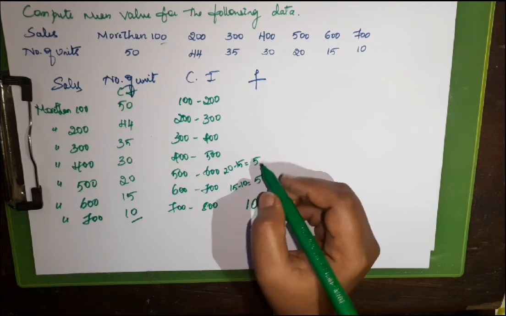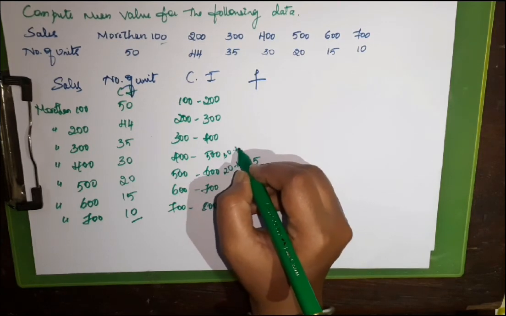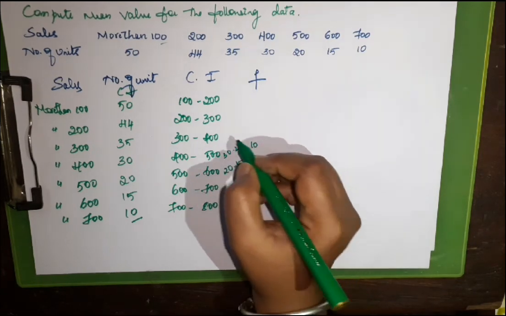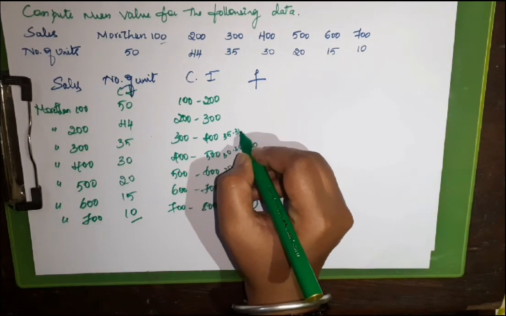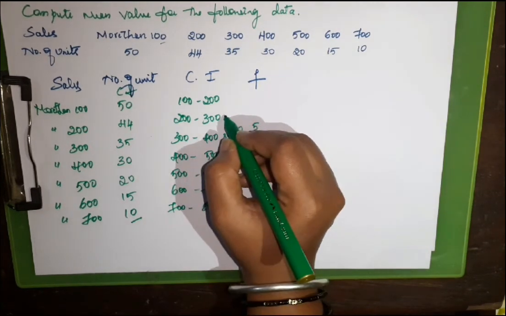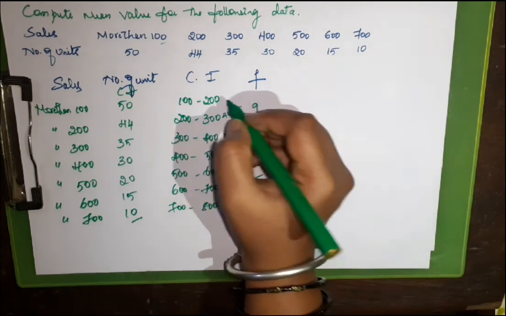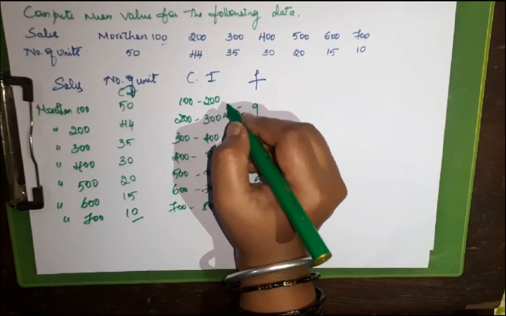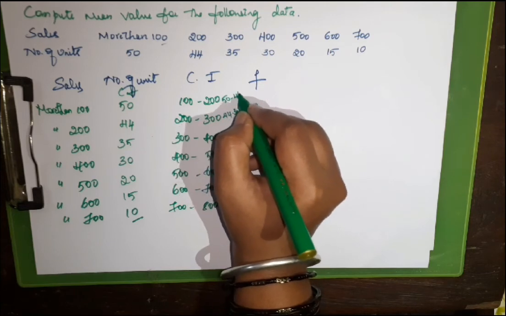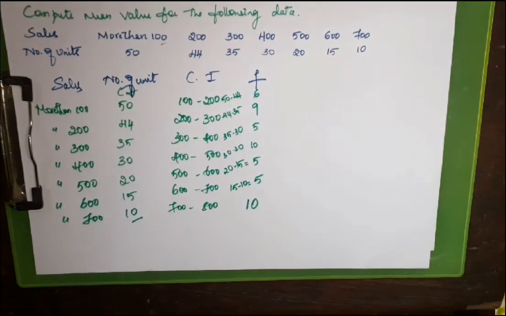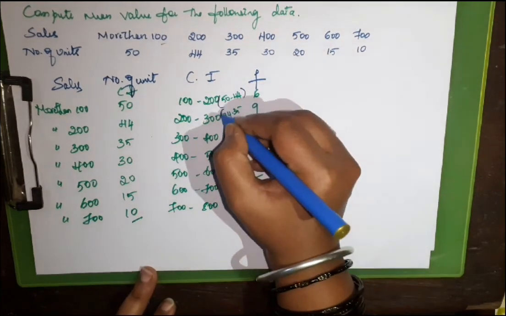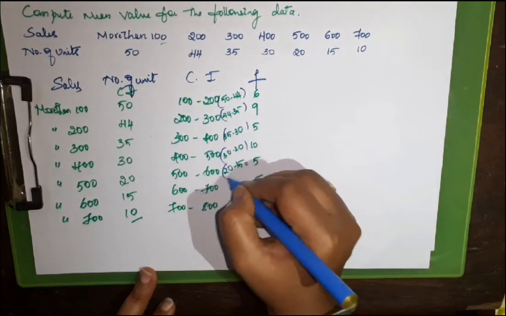Then 30 minus 20 you will get 10. 35 minus 30 you will get 5. 44 minus 35 you will get 9. Then 50 minus 44 you will get 6. Okay, so this is how you have to calculate the frequency. This is all in brackets you can write.